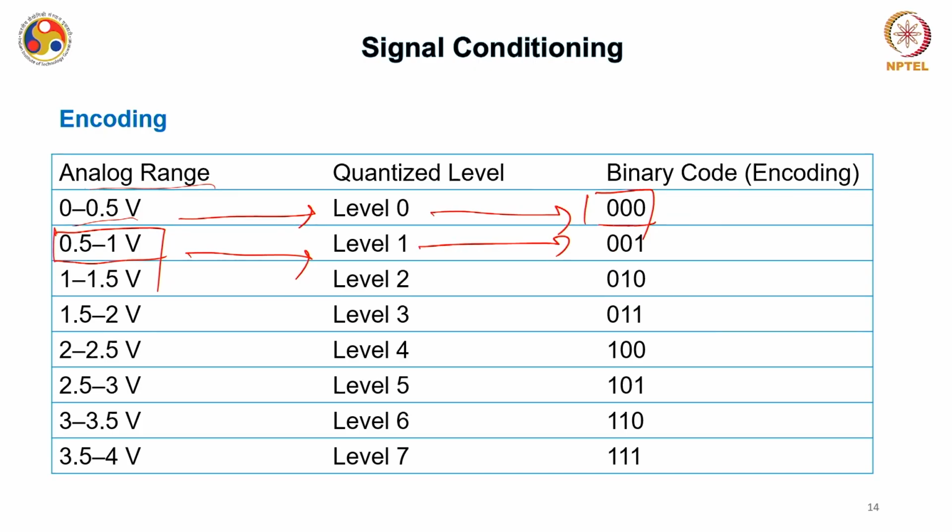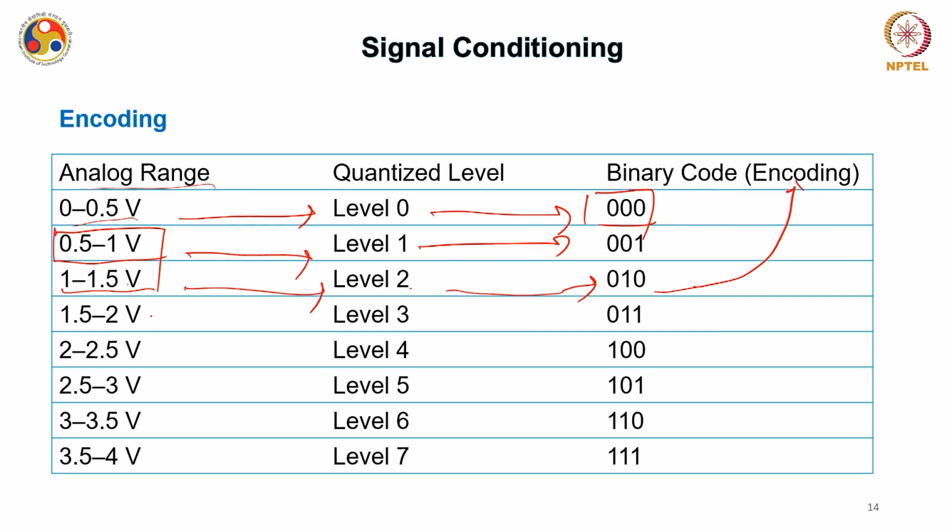Now the next analog range is 1 to 1.5 volt. Let me call it level 2, and level 2 has been given a binary code of 010. And this is the exact job of the encoder.